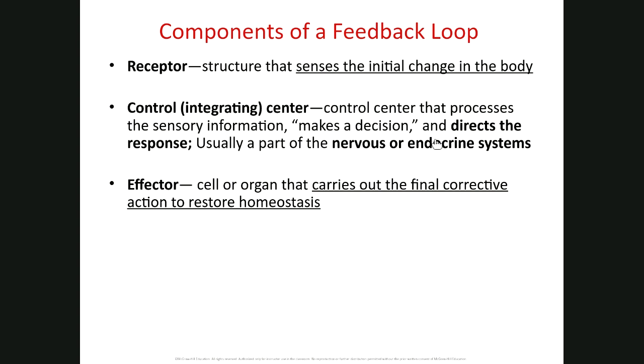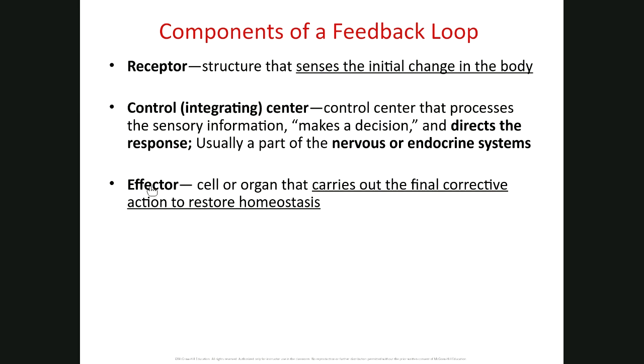Now, the endocrine system contains all of your glands, things like sweat glands, for example, or the pancreas. The pancreas is actually a gland, all right? So anyway, nervous or endocrine almost always are going to be your control center. So you should not have any problem picking out a control center in a scenario that you're presented with.